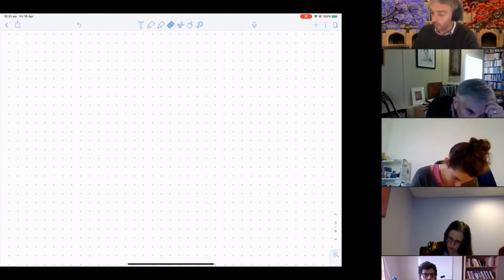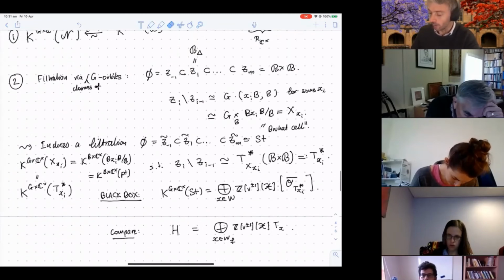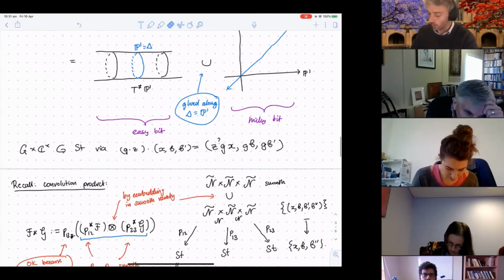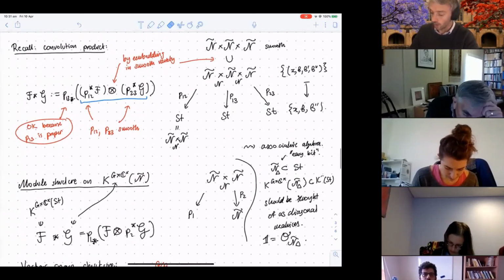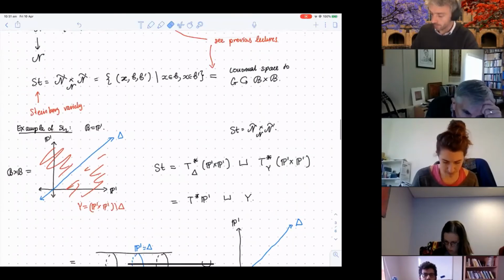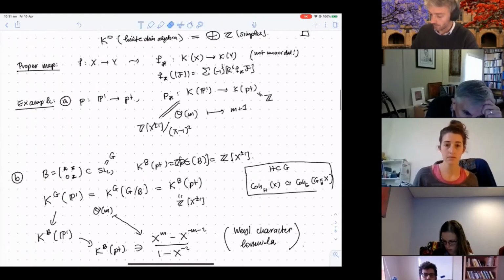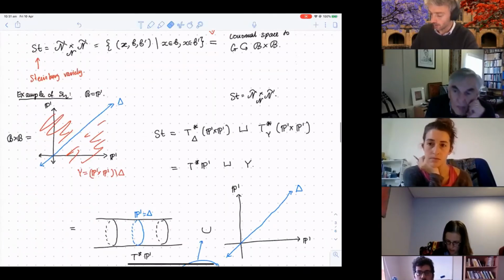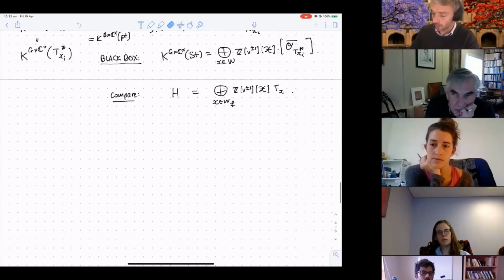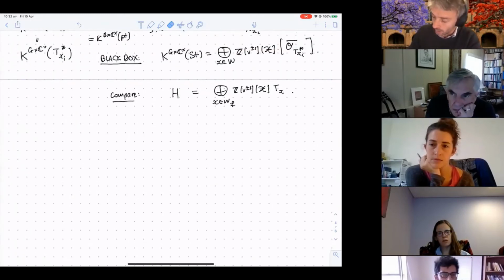I don't know if it's useful for me to remind you what the strategy was, but I'll just recall verbally the strategy again. So we want to show that this and this are isomorphic.